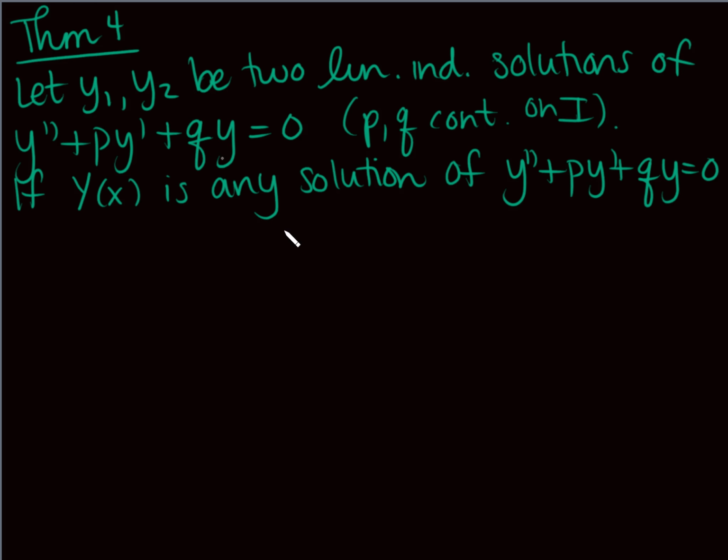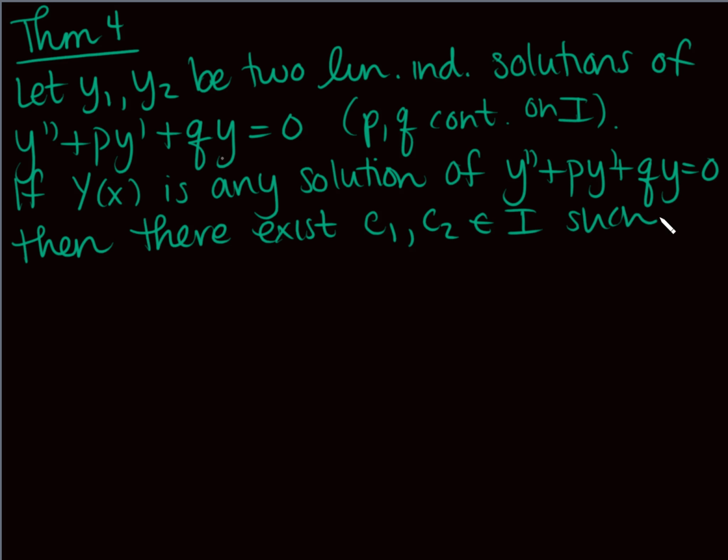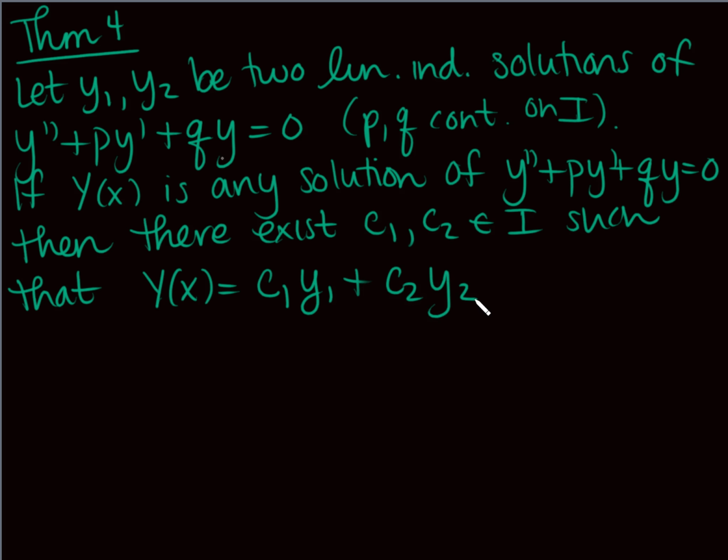If y of x is any solution of this equation, then there exist two constants, we'll call them C1, C2, on the interval I, such that I can write any solution y of x as a linear combination of y1 and y2, meaning y equals c1 y1 plus c2 y2. Again, a linear combination is just any multiples added up.